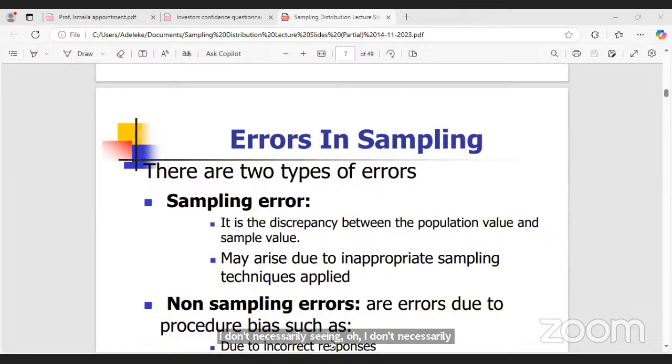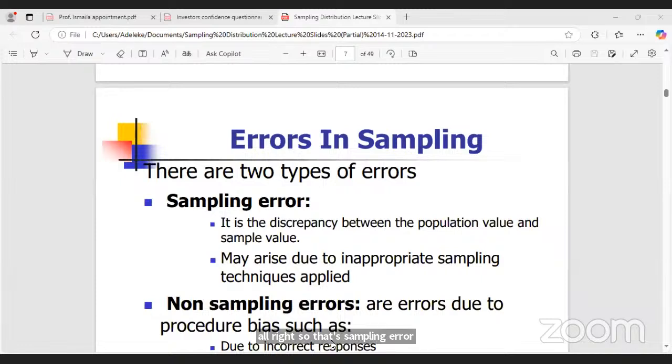So if I don't do my selection well, I will get a sample that is not reflective of that population. That kind of error is sampling error because the method that I use is not leading me to the desired result. All right, so that's sampling error.